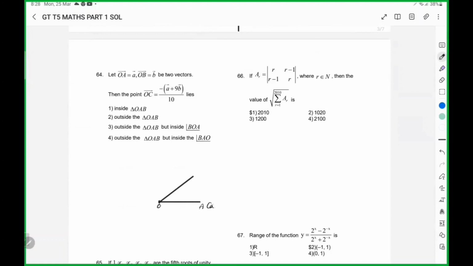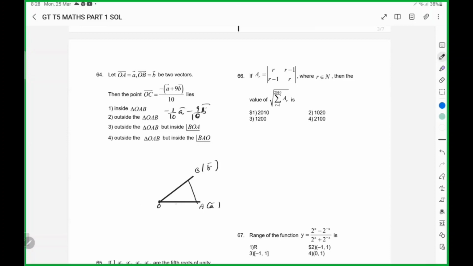OA is a bar, OB is b bar. Here it is minus 1/10 a bar minus 9/10 b bar.